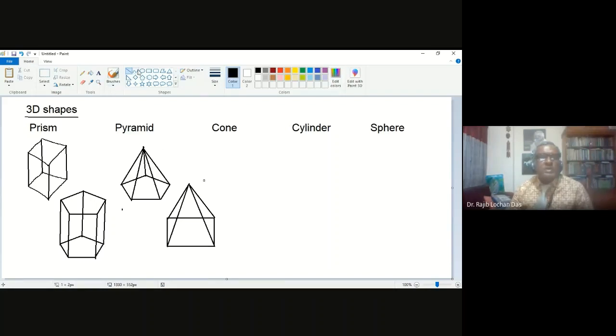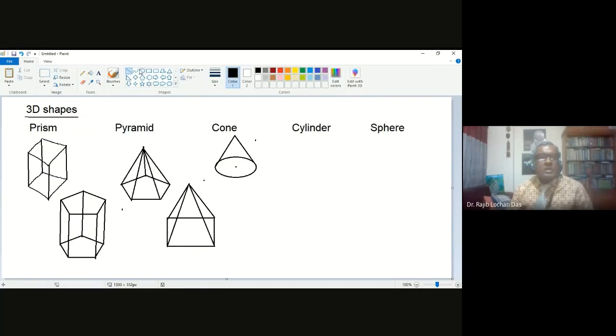Only difference is the baseline is a circle. So if you have a circle in the base and a single point in the top, this is called cone.